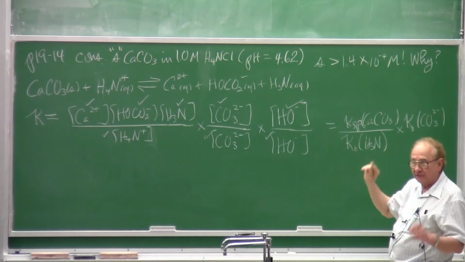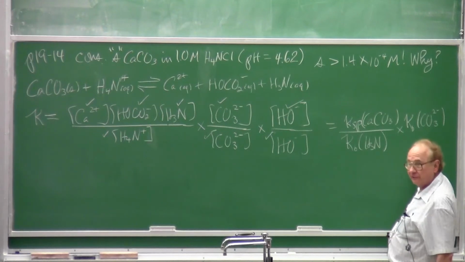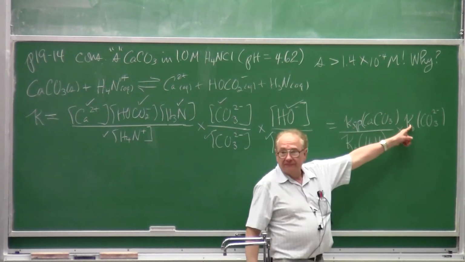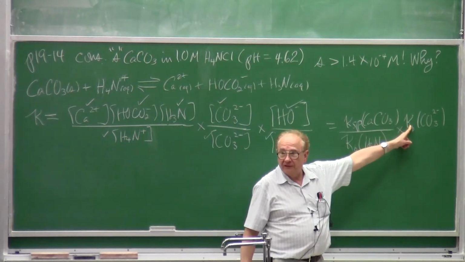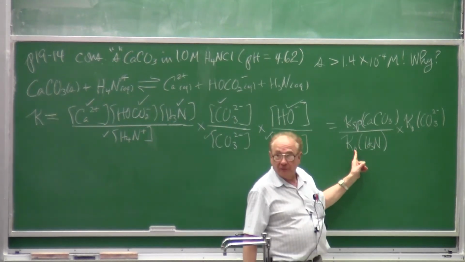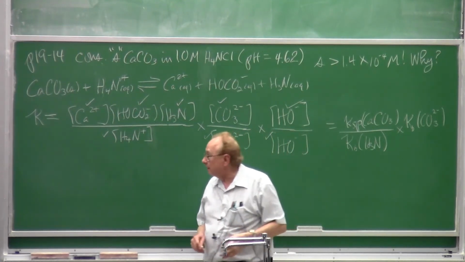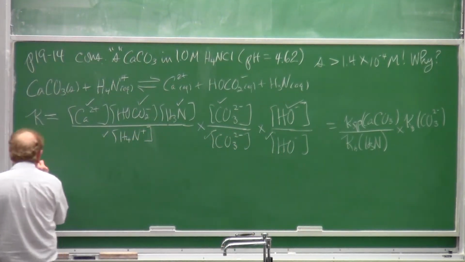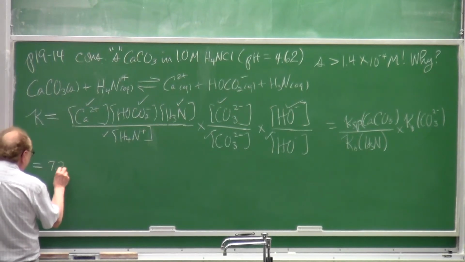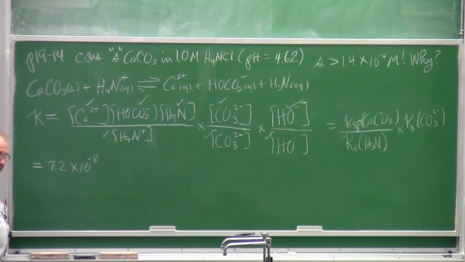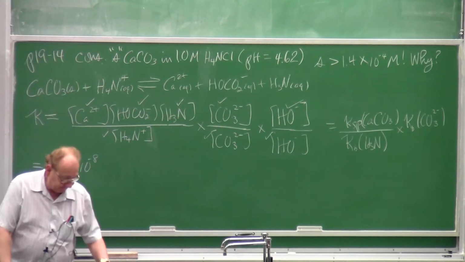They've all been accounted for. So I just put in the values, 6.2 times 10 to the minus 9, 2.1 times 10 to the minus 4, 1.8 times 10 to the minus 5, and push the buttons on my calculator. And get this: 7.2 times 10 to the minus 8.